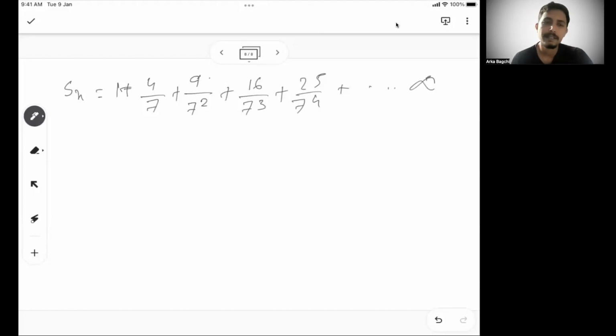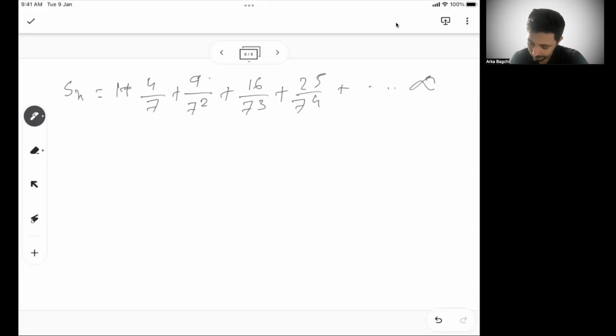So if you try to see here, your numerators are increasing in the series of squares, 1 square, 2 square, 3 square, 4 square, and the denominator is increasing at the level of power of 7.